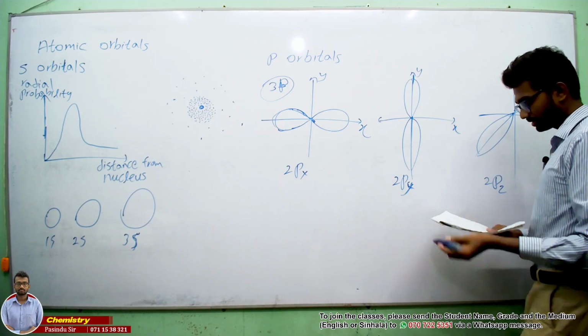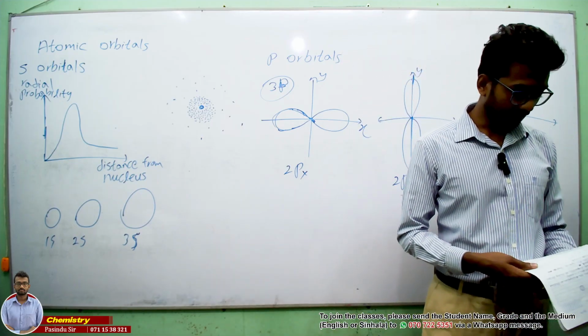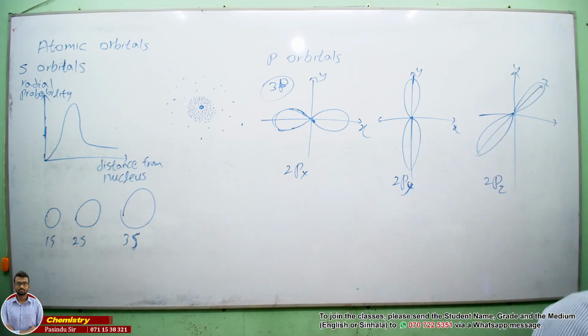So you can write something like this: there are 3 p orbitals.